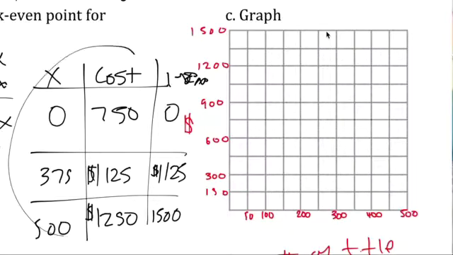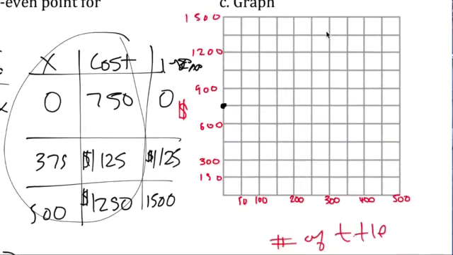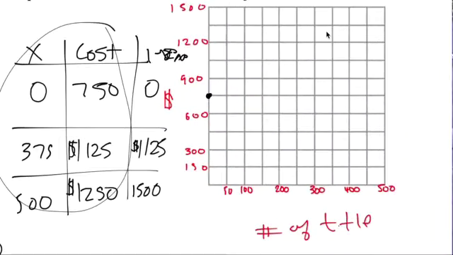Let's graph the cost first. 0, 750. 0, that's 750 right here. 375. 375 is about right there to 1,100. 25, so somewhere right there.